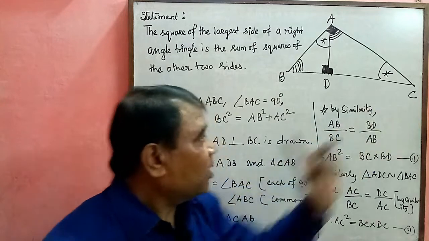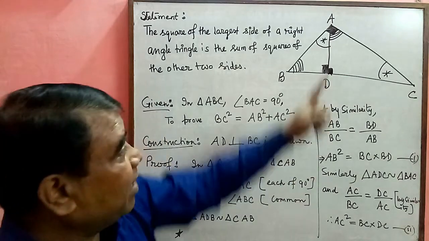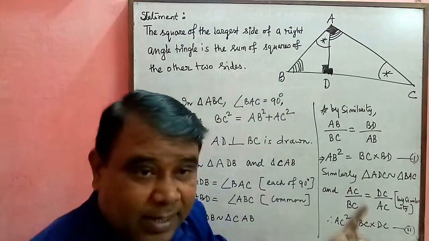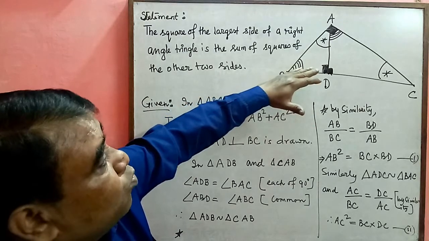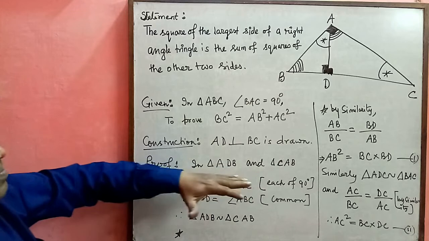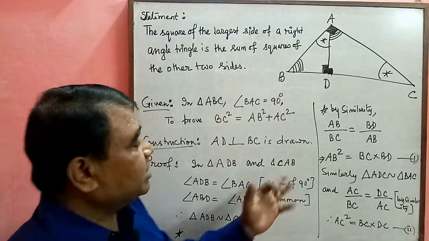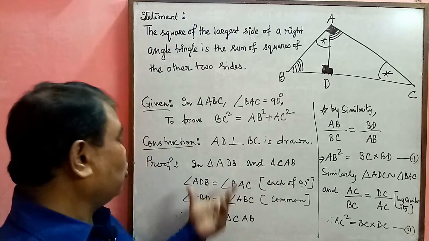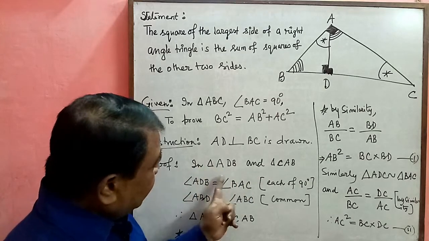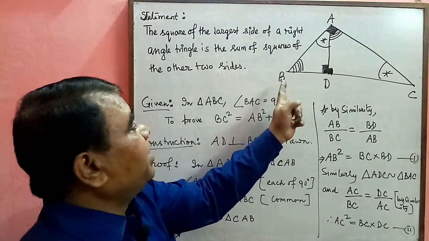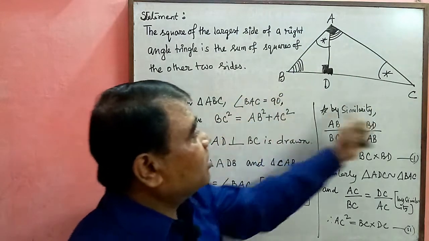You see, ABC is a triangle and ABD is also a triangle, but ABD is a triangle inside triangle ABC. So here angle B is common to both triangle ABD and ABC, that is in triangle CAB. So I've taken in triangle ADB the smaller one, and CAB the greater one.